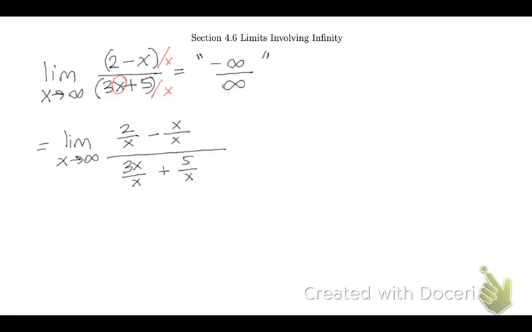All right, then I'm going to simplify. I know that I can cancel out these x's, and I can cancel out these x's. Okay, so I haven't changed my limit. I'm just rewriting it. I've got 2 over x minus 1, and then 3 plus 5 over x.